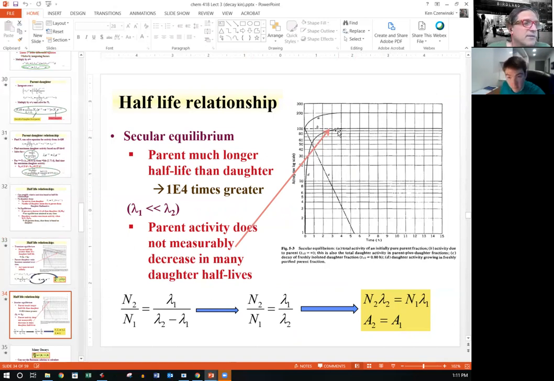A good example of this is thorium-229, which has a half-life of 8,000 years. It decays to radium-225, which has a half-life of 15 days, actinium-225, which has a half-life of 10 days, and then a number of really short-lived isotopes, like seconds, down to bismuth-213, which has a half-life of 46 minutes.